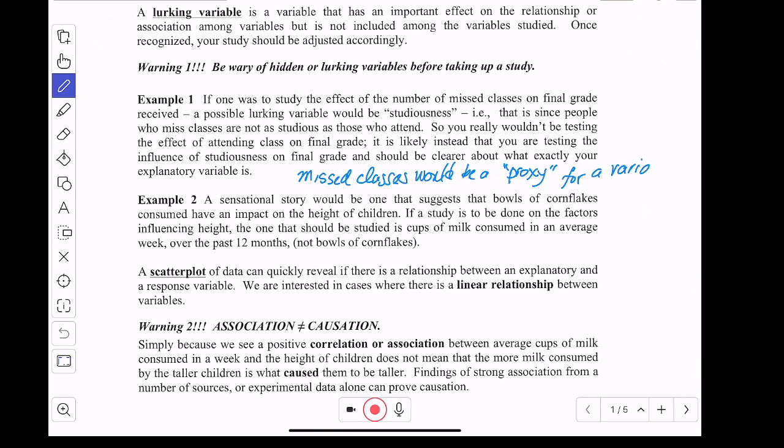Unfortunately, we can only study things we can measure. That says, missed classes would be a proxy for a variable that is difficult to measure. Studiousness. Okay, another example.